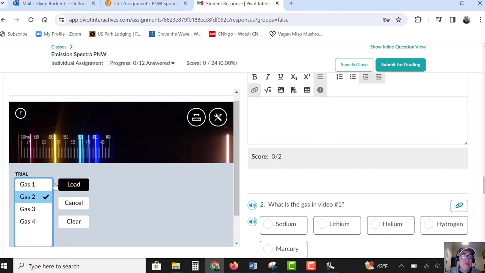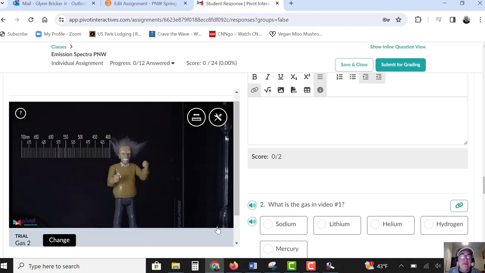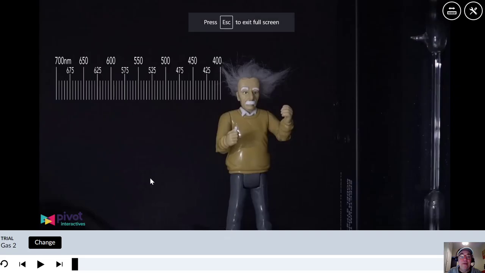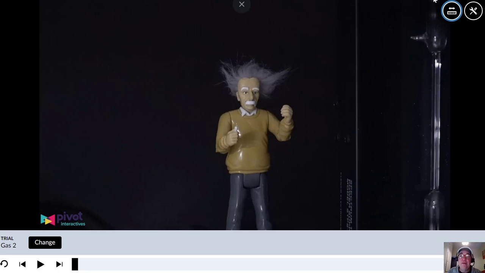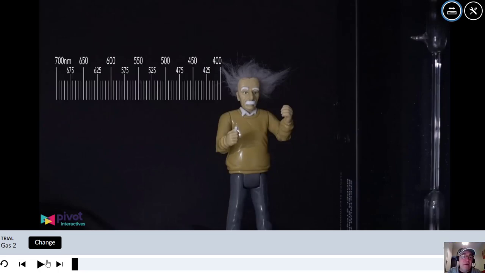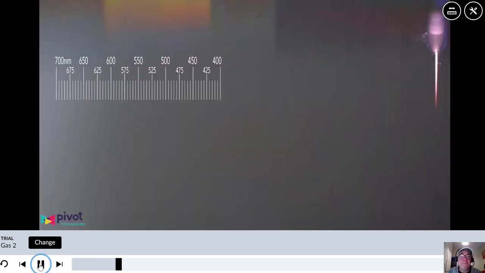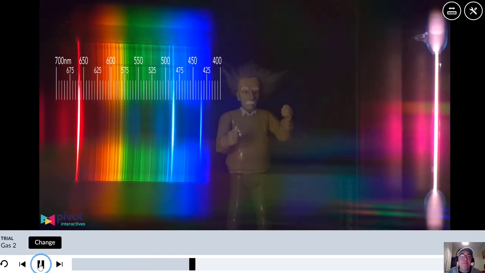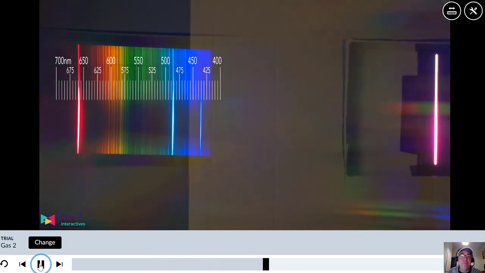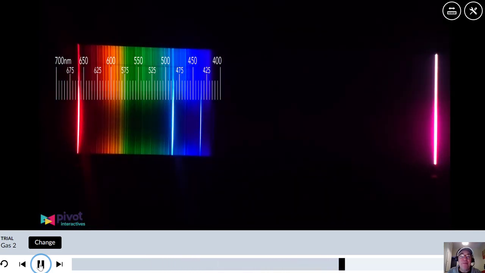Let's just do one more. Gas 2, load. Make it bigger. Let's put the tool out here, and we'll play it. Same thing, write those down, then compare them to the known values to see which one this actually is.